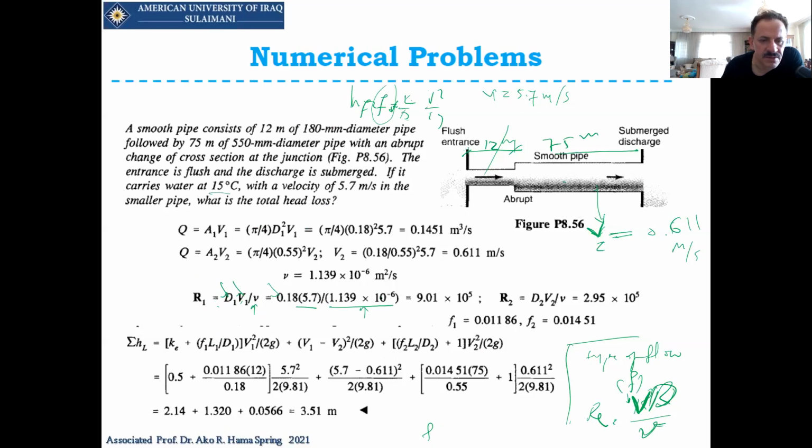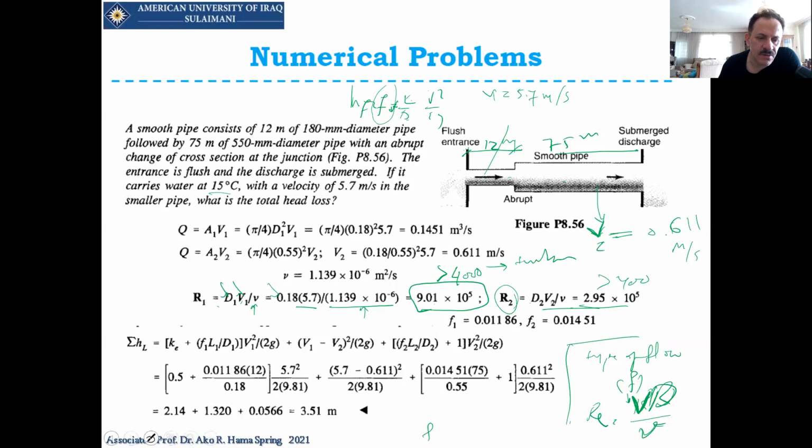You get this Reynolds number, which is greater than 4,000, meaning the flow here is turbulent. Now R2 will be V2 D2 over nu, which is also greater than 4,000. Also turbulent. So the flow in both pipes is turbulent.